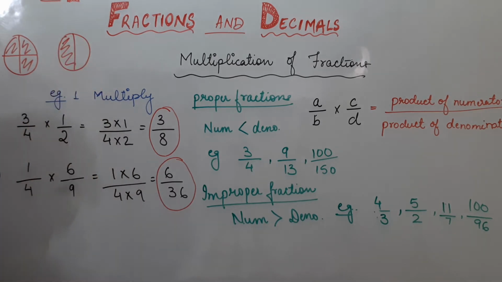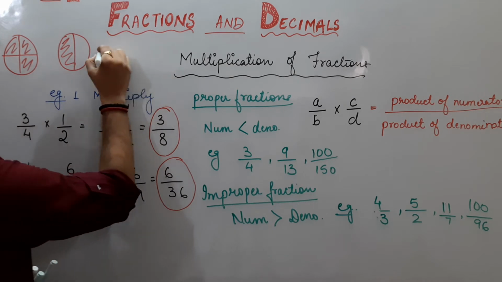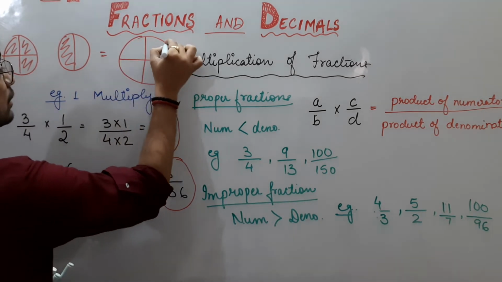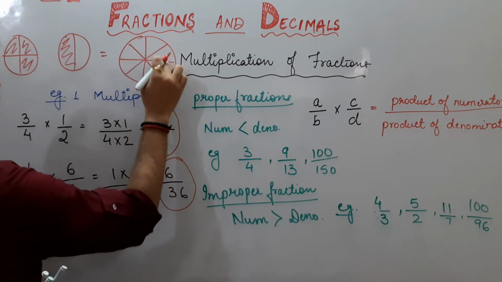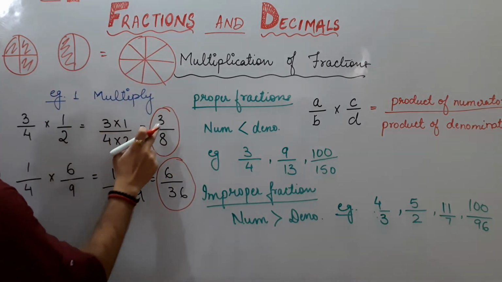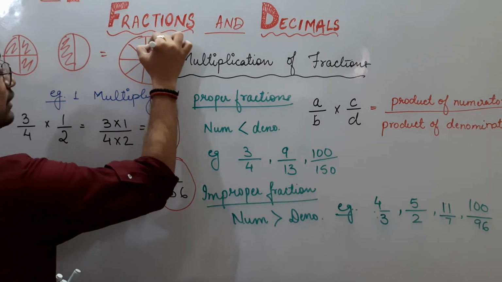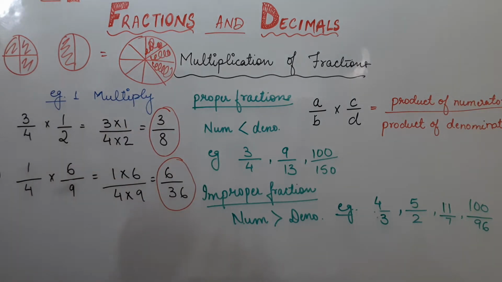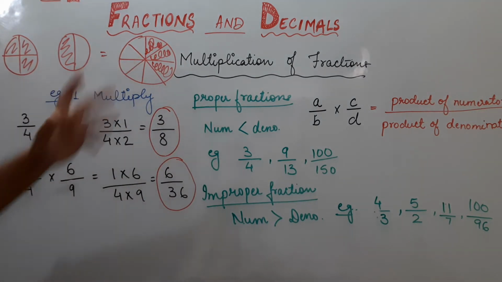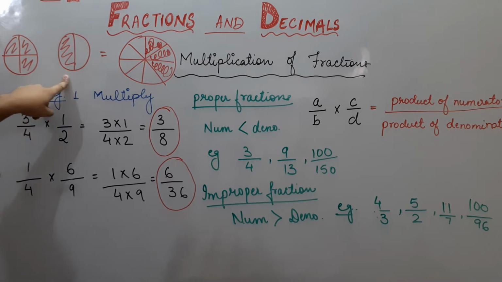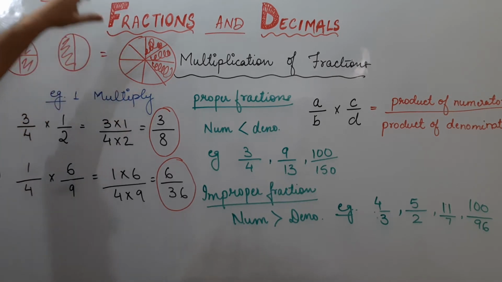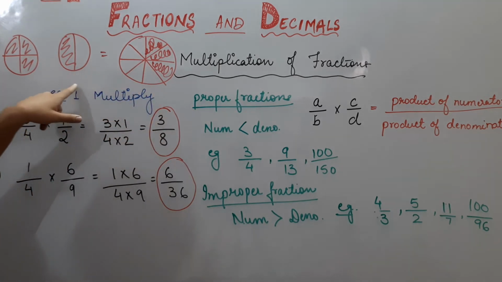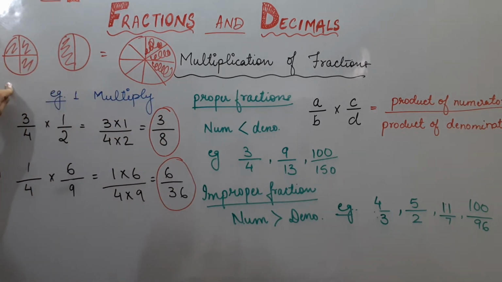But 3 by 8 says that one circle is having 8 parts, 1 2 3 4 5 6 7 8, and out of these 8 only 3 are shaded, 1 2 3. You can see here which is a bigger fraction. You can say that this 3 by 8 is actually smaller than 1 by 2 and 3 by 4.